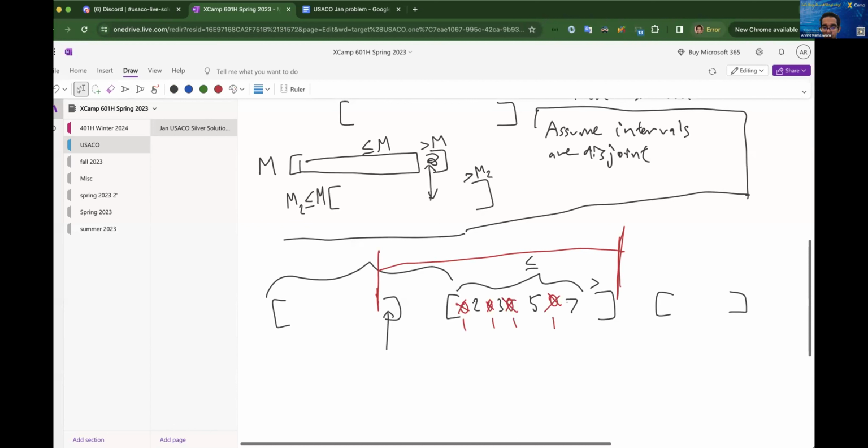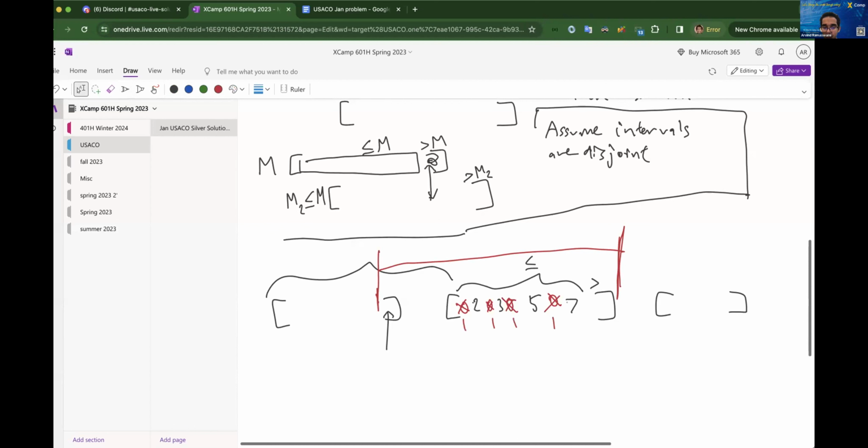If they share the same right endpoint, then if this is M1 and this is M2, this is the first element that's greater than M2, and this is the first element that's greater than M1. But since we have this interval here, all of these elements have to be less than or equal to M1.